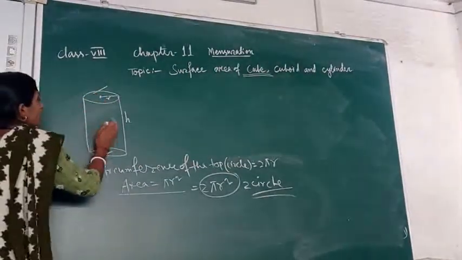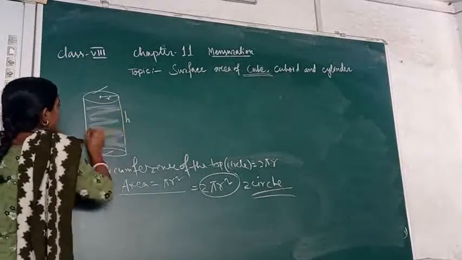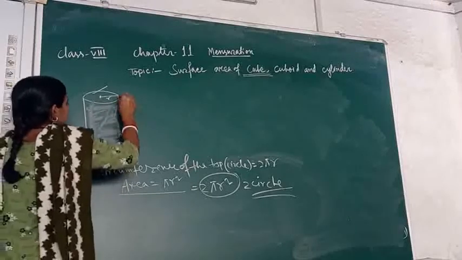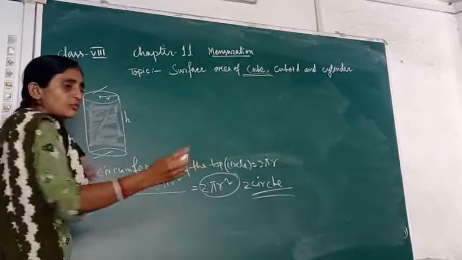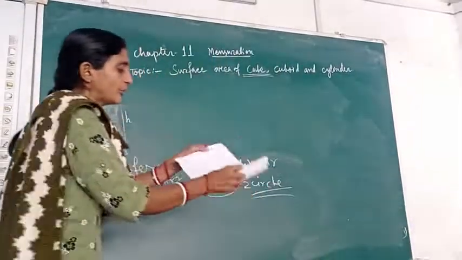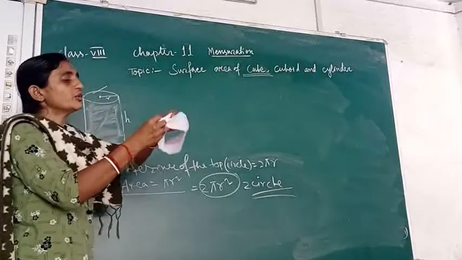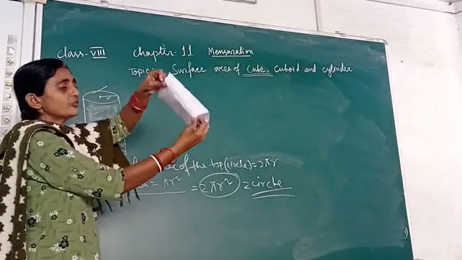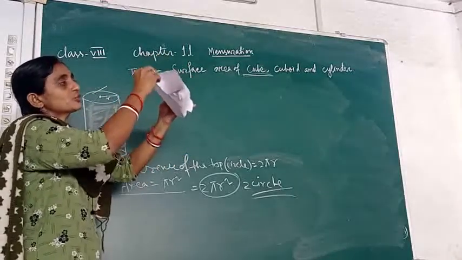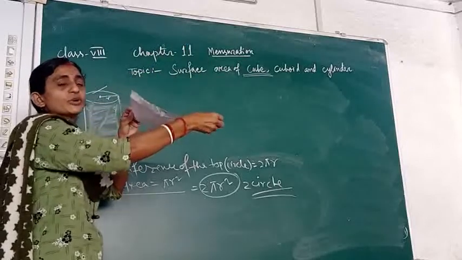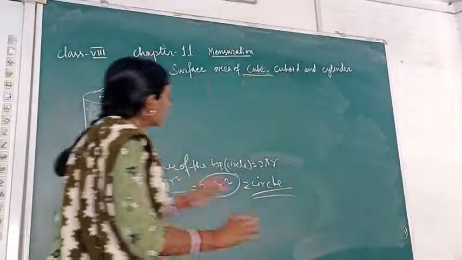Yes, so now if I want to find out this curved face, what will it be? Here that height will be considered as the breadth. I have shown you by opening the fold of this paper. Earlier when I folded like that, I made one cylinder by touching both the ends, and the length, when I am opening this one, comes equal to the circumference of this circle. So how can I get the area of this one?